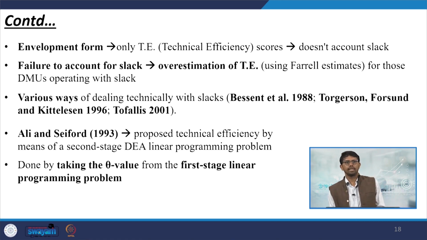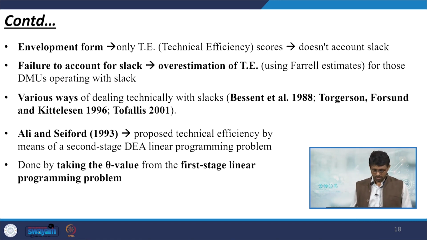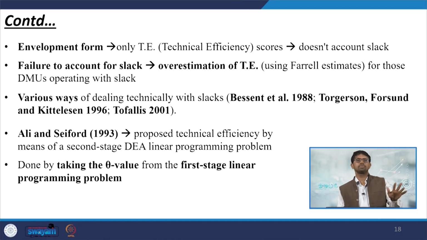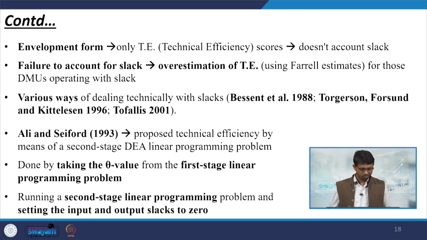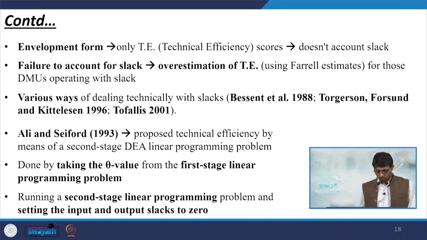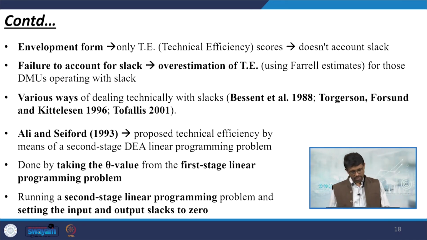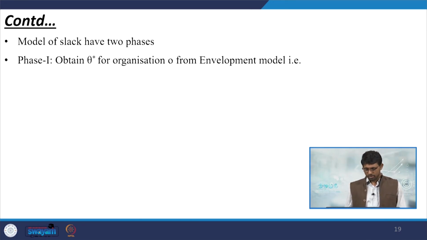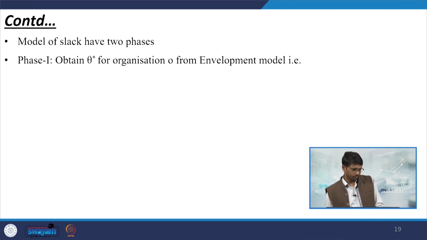This is done by taking the theta value from the first stage linear programming problem. In the second stage we can identify whether the change is positive, zero or negative, and accordingly identify the slacks. Running a second stage linear programming problem and setting the input and output slacks to 0, we can understand whether it is output based slacks or input based slacks.